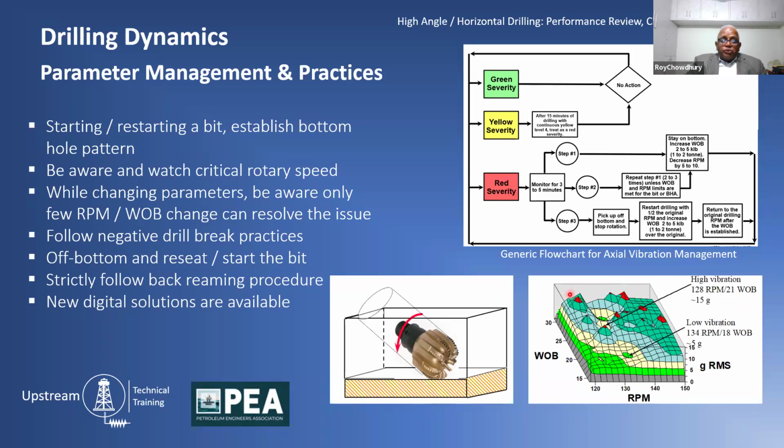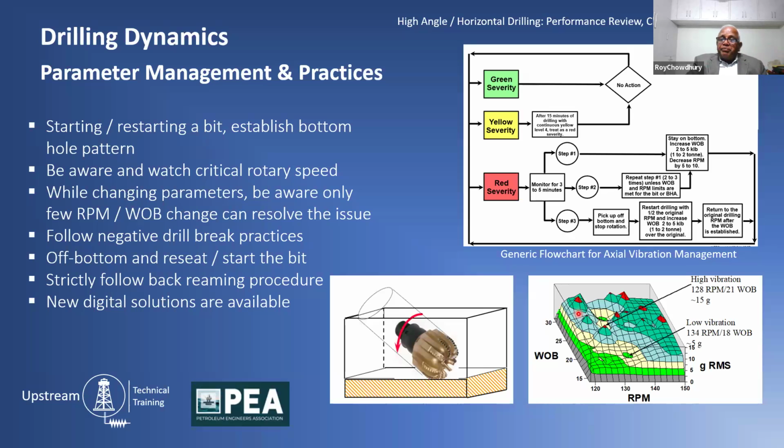If you want to move from here, you could just change your weight on bit by 2,000-3,000 pounds, or your RPM by 5 RPM, and you would get off this cliff and move into the green zone. If it is a very narrow window, you might get down from one red peak and end up getting into another red peak.